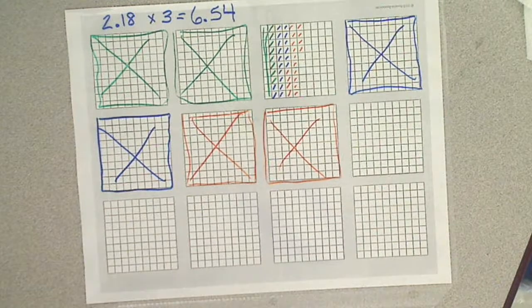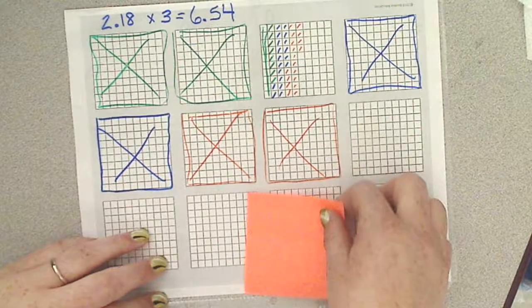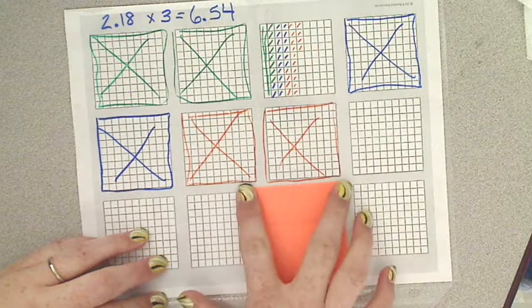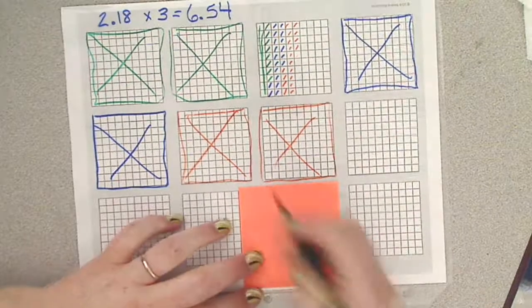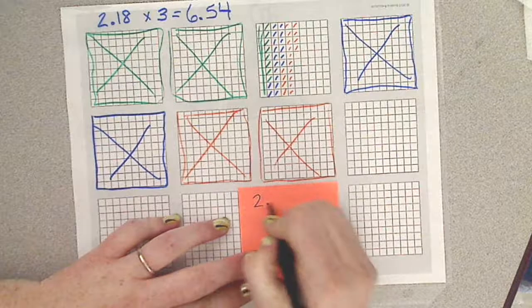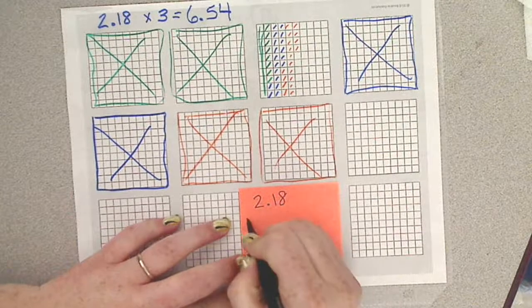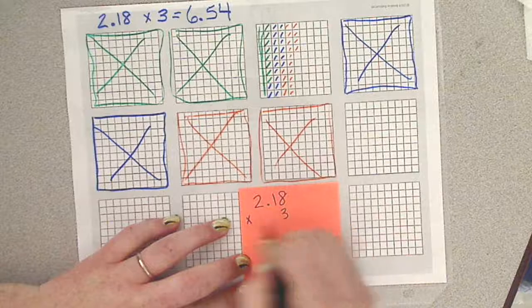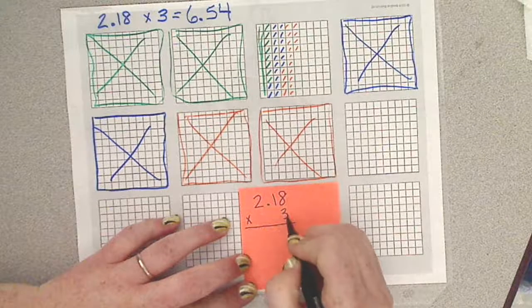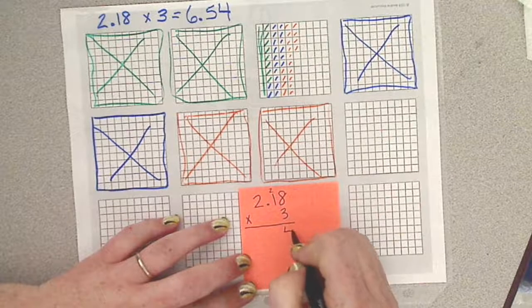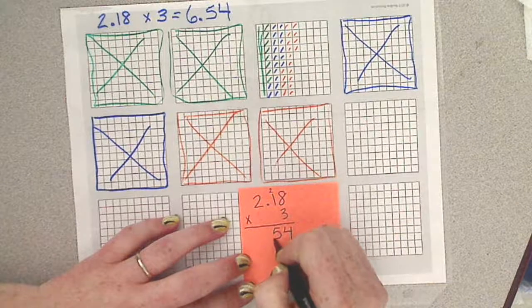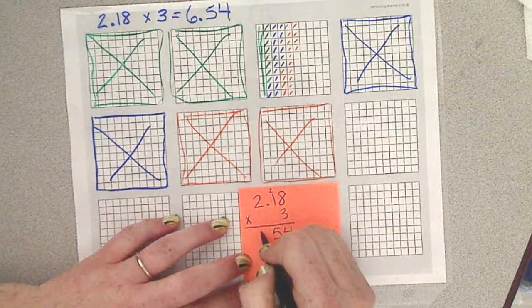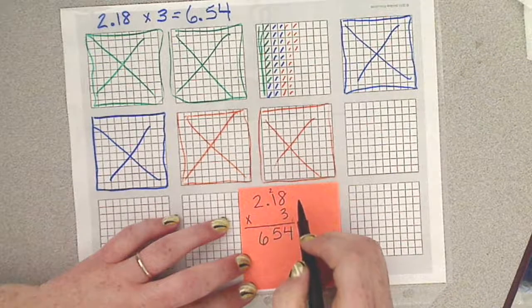Now let's take a look at what this is going to look like using the standard algorithm. Two and 18 hundredths times 3. 8 times 3 is 24. 1 times 3 is 3, plus 2 is 5, and 2 times 3 is 6.